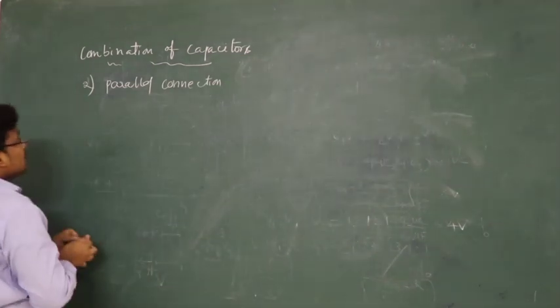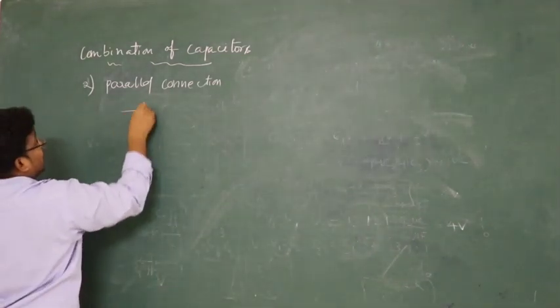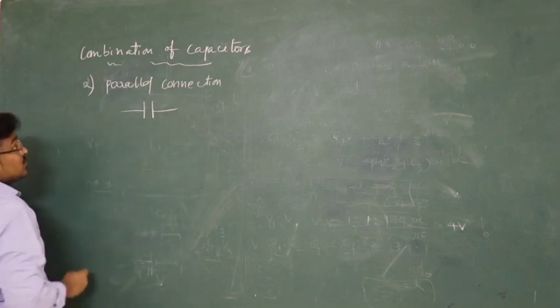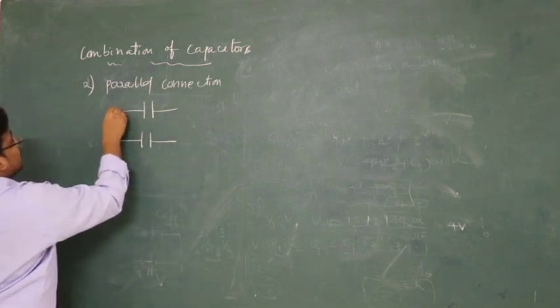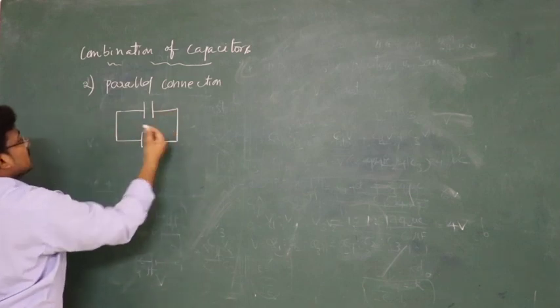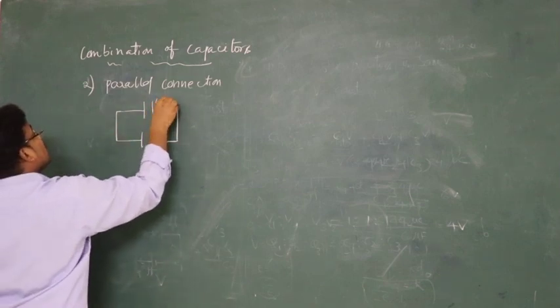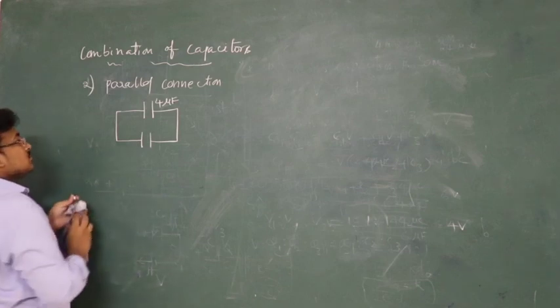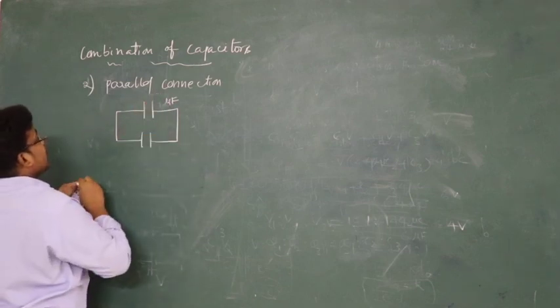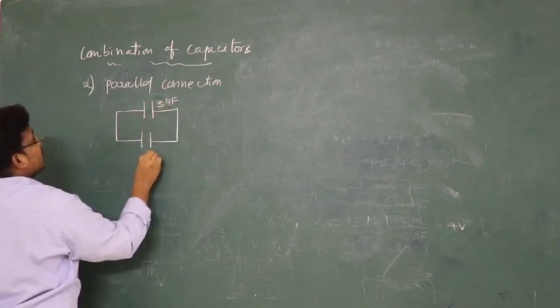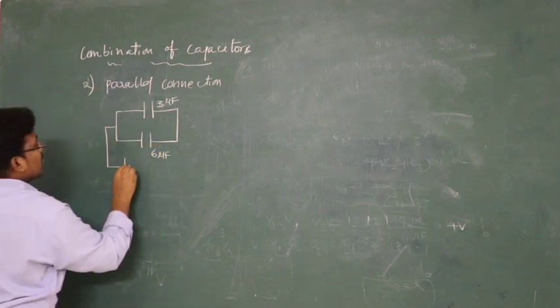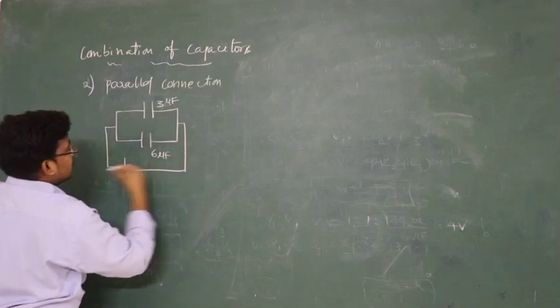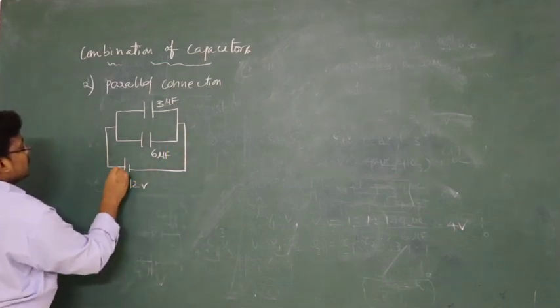So I am just taking a parallel connection of capacitors. First one is this one, and the next one. There are two capacitors. Sorry, I am taking this one as 3 microfarad, this one is 6 microfarad. Both of them are connected to a cell of 12 volts.